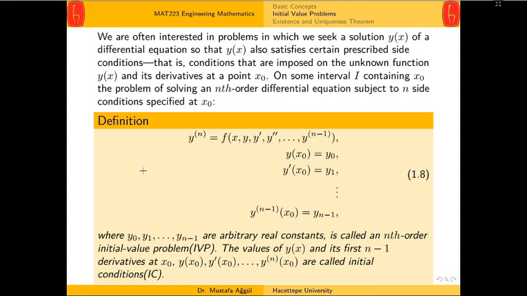This is what we really have in initial value problems. So if you're working with an ODE, for certain applications it needs to satisfy some extra conditions, like the initial condition.